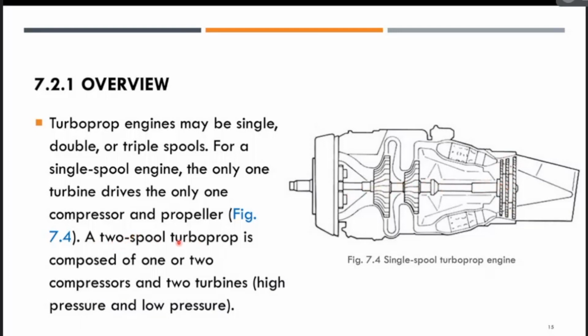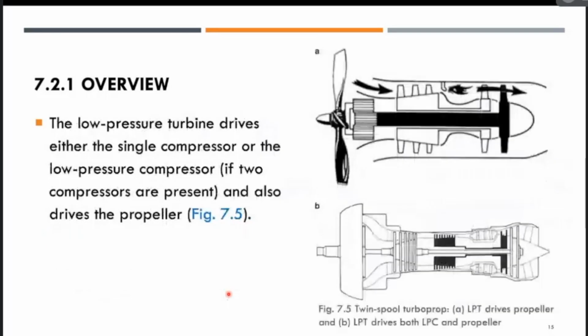A two-spool turboprop is composed of one or two compressors and two turbines, where you have a high pressure compressor, a low pressure compressor, a high pressure turbine and a low pressure turbine.